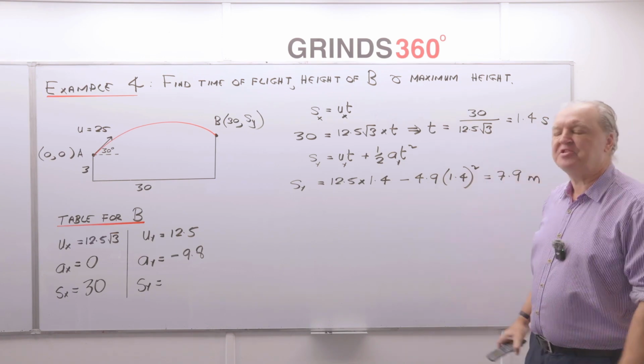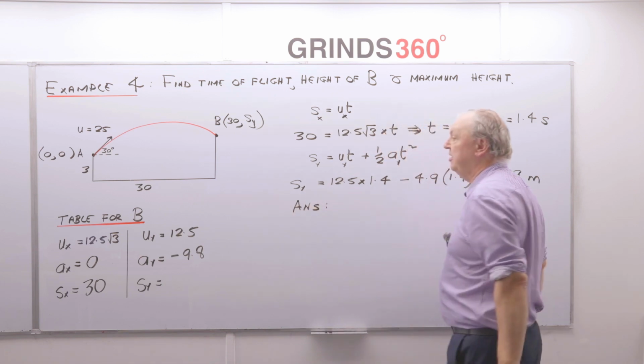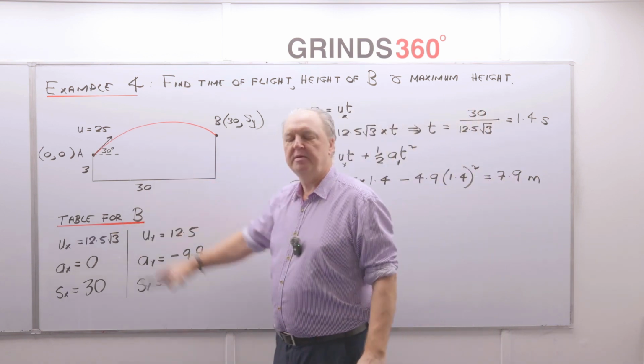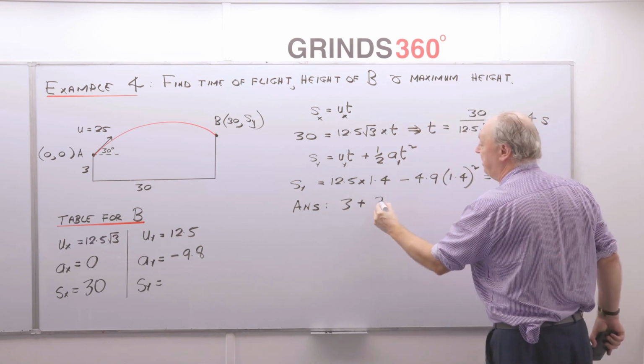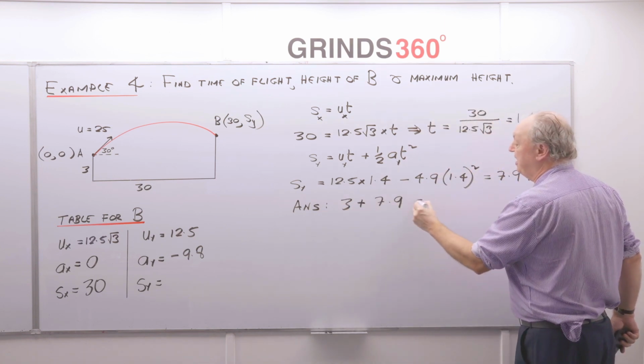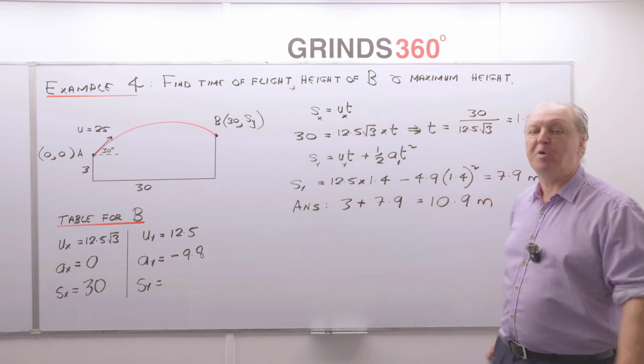And therefore, for my answer of the height of B above the ground, don't forget to add on the 3. So it's going to be 3 plus the 7.9, the distance above the origin, and that gives me a distance of 10.9 meters above the ground.